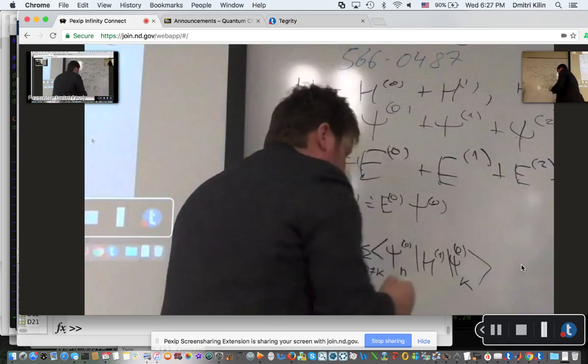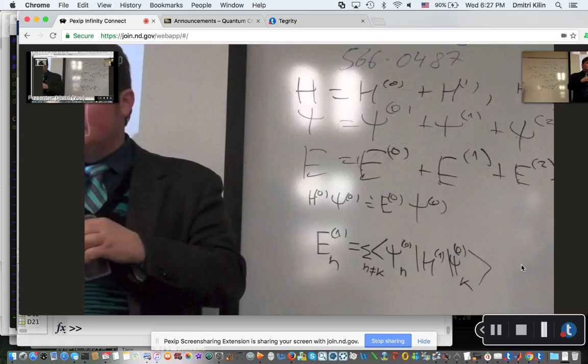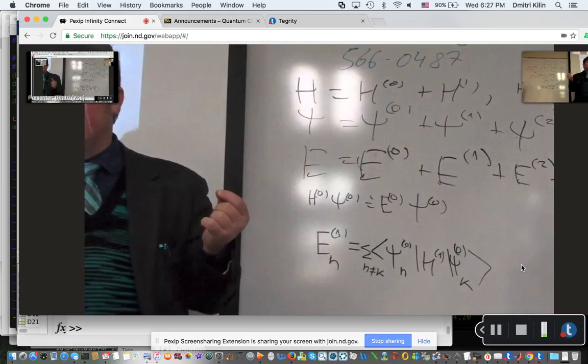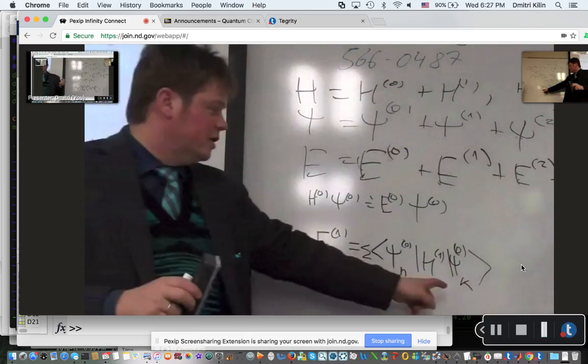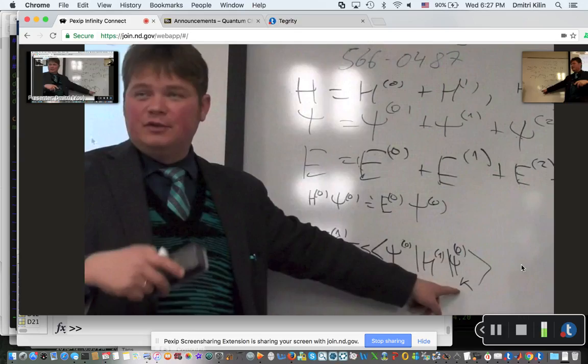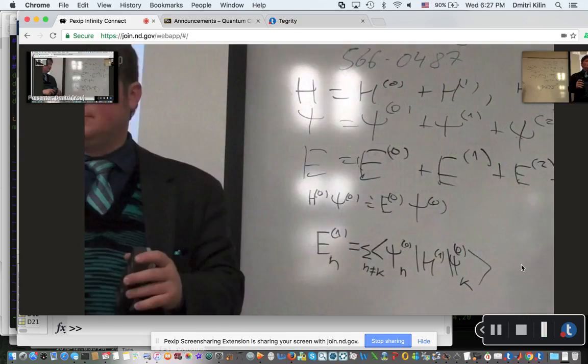So if there is a perturbation, then there is a non-zero matrix element, meaning there is a specific energy of interaction between these basis states. And if you take them into account, it will give the contribution to the energy.